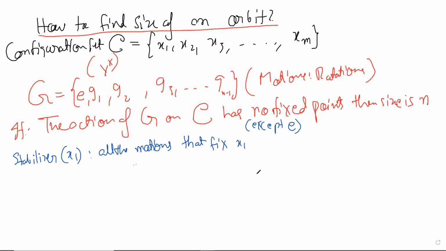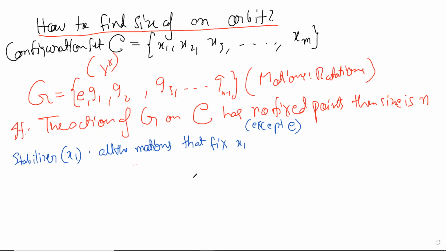Because if x1 is not fixed by anything, then it goes to different places, n minus 1 different places, so in total you get n things out. The size of the orbit of x1 will become n.